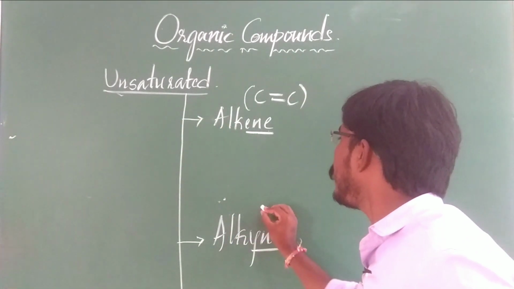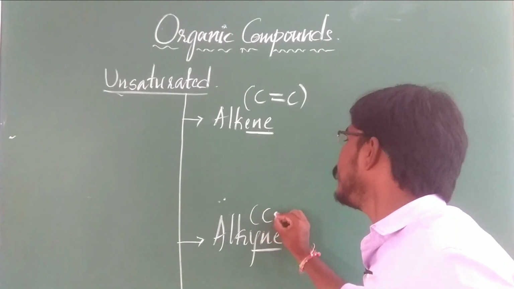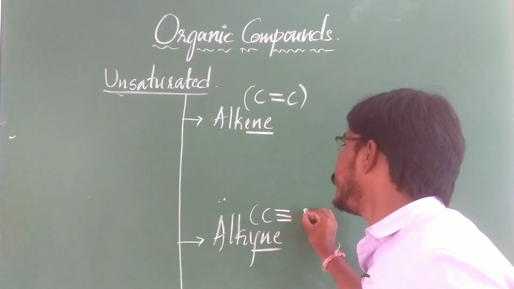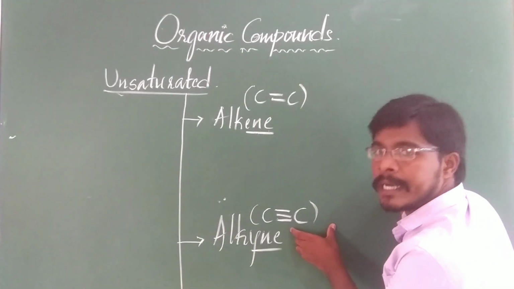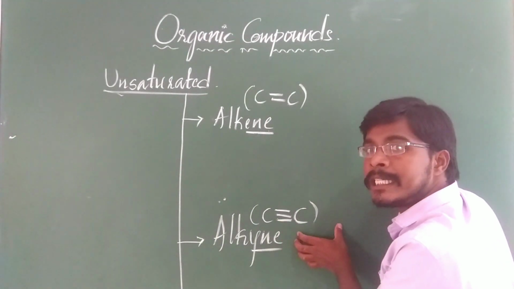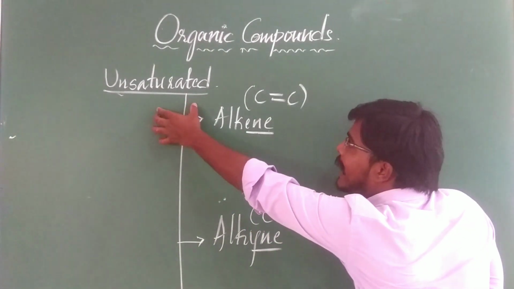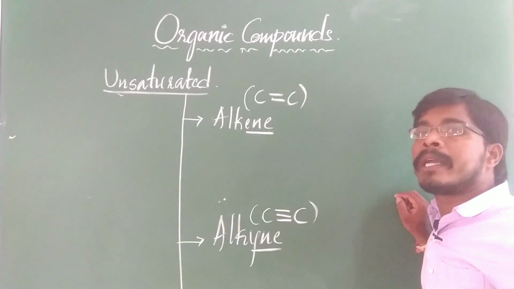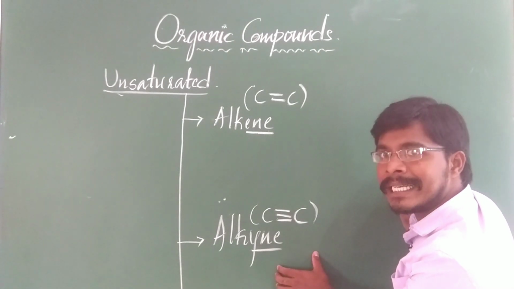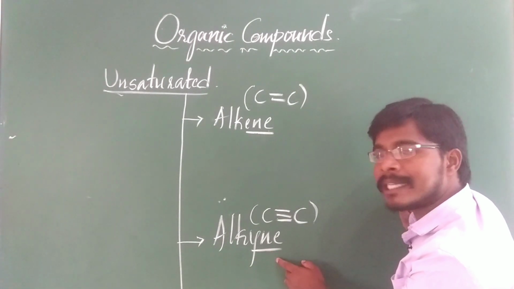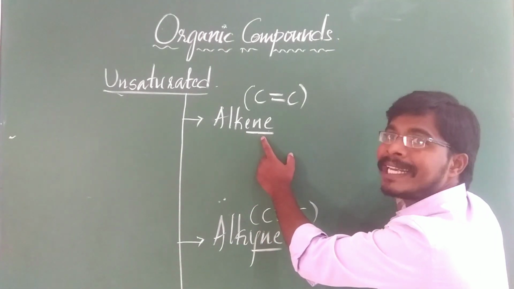If the carbon compound has carbon with other carbon by 3 bonds, those are called triple bonds, and these triple bonded compounds are also called unsaturated carbon compounds. Generally, we can call them alkynes. Yne is the suffix word for alkyne, and ene is the suffix word for alkene.